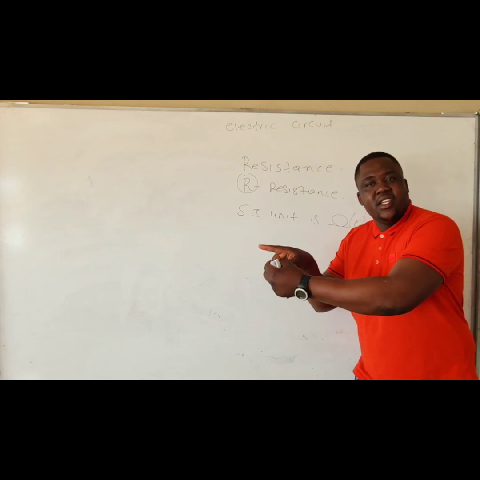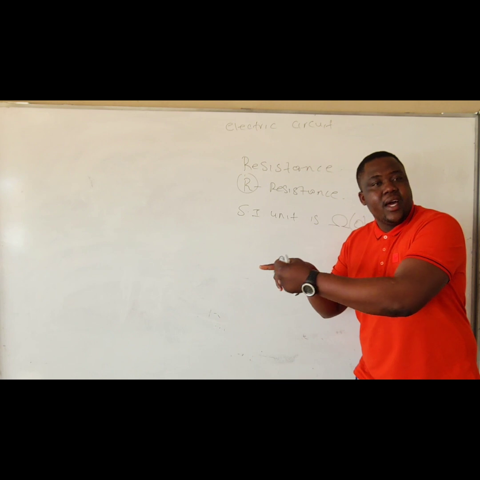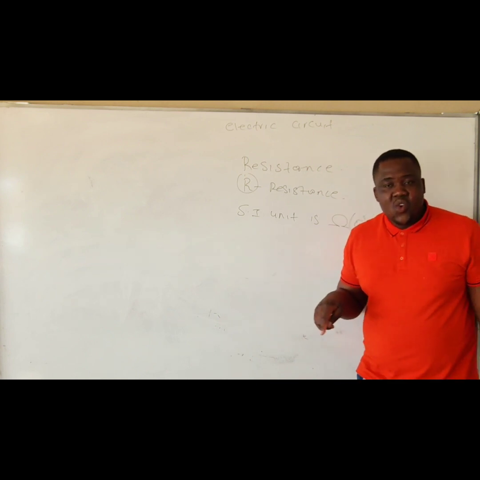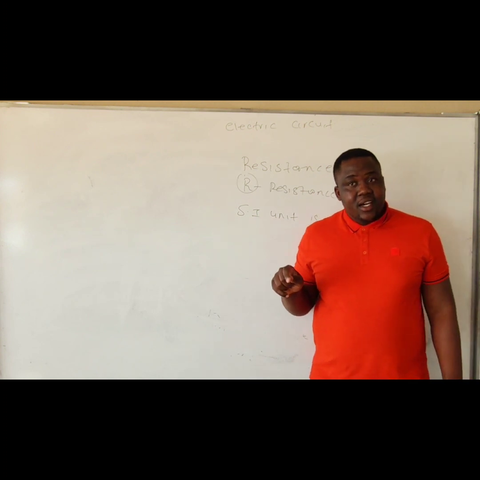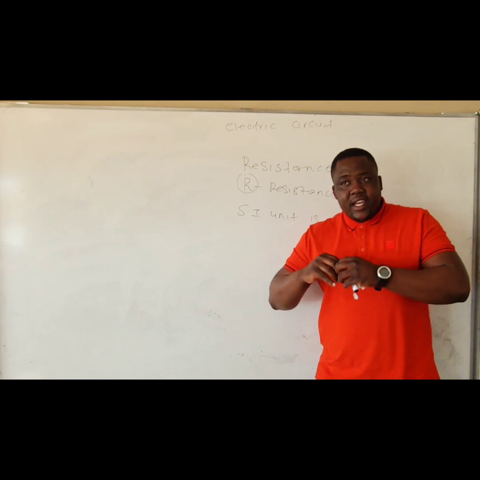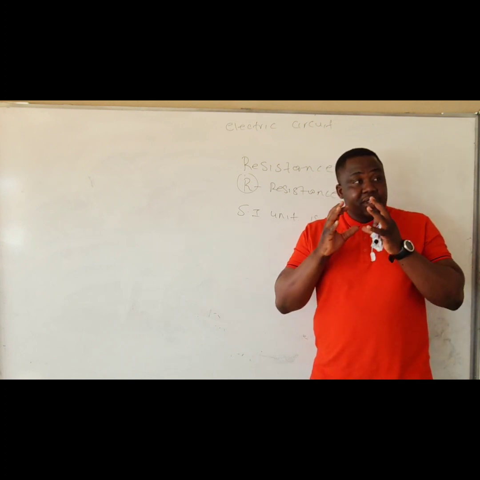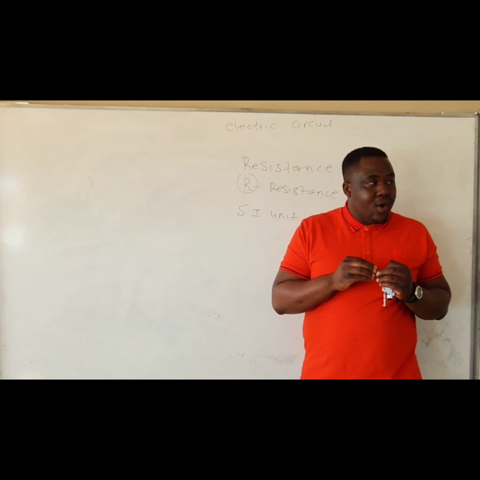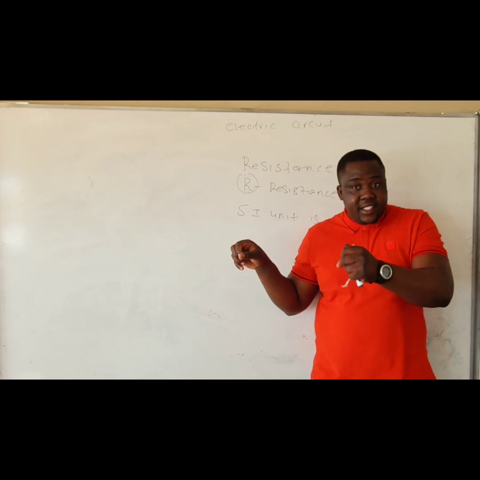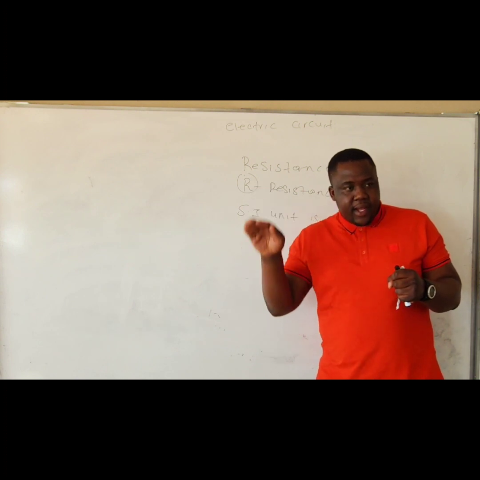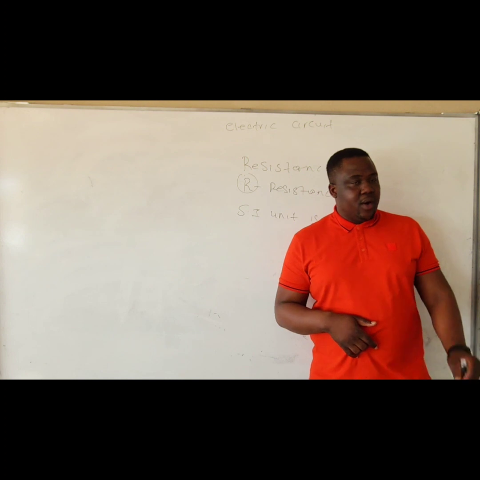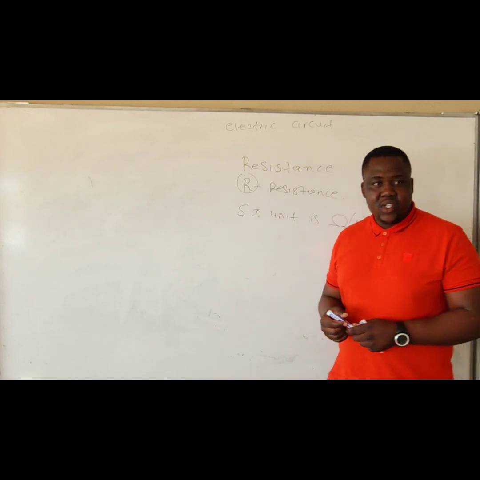Resistance resists the current. It resists the flow of charges. It means where there is resistance, current will be minimal. Current will be reduced because the work of resistance is to minimize the what? The current. So whenever there is resistance, current will be less because the work of the resistance is to resist the what? The current. You understand?